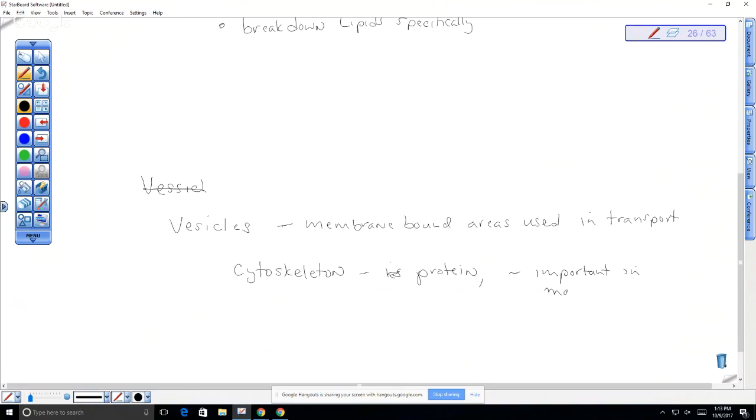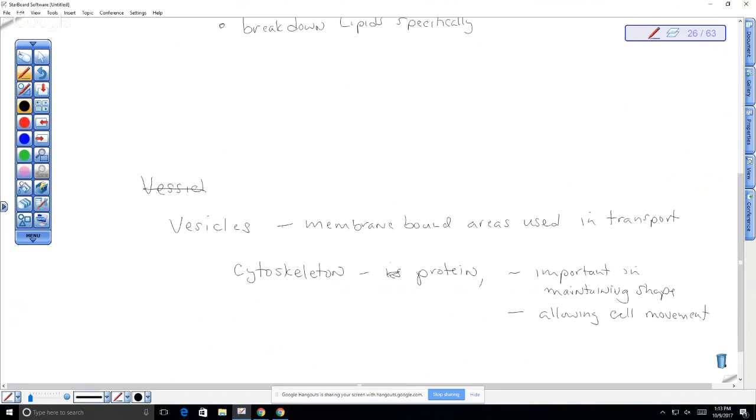in maintaining shape, allowing cell movement, and when we get to cell reproduction, it actually pulls the chromosomes apart. So the cytoskeleton is really important.